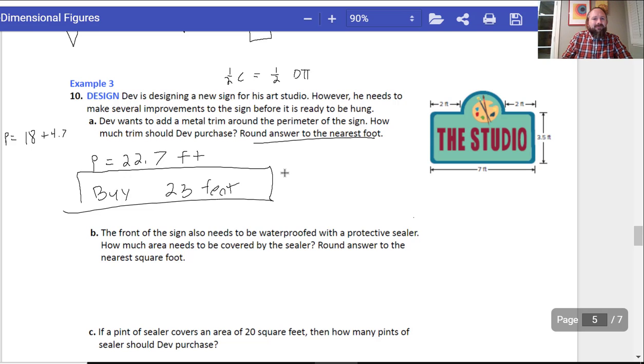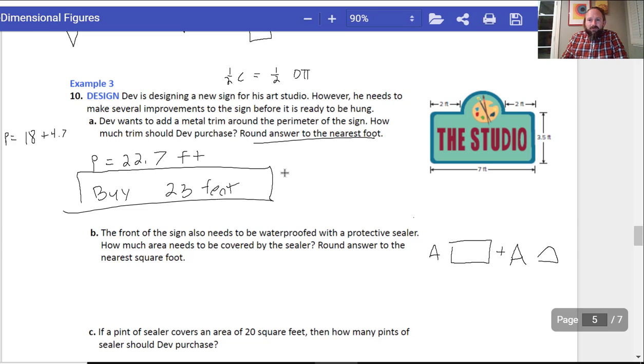Round up. Next up, the front of the sign also needs to be waterproofed with a protective sealer. How much area needs to be covered by the sealer? Round the answer to the nearest square foot. So we have to figure out the area of the rectangle plus the area of the semicircle.